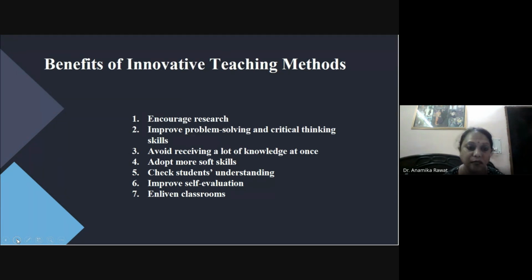Next one is lively classrooms. With the help of innovative teaching methods, we are talking about a living classroom. It means we have so many students, and all of them are actively participating, or not.